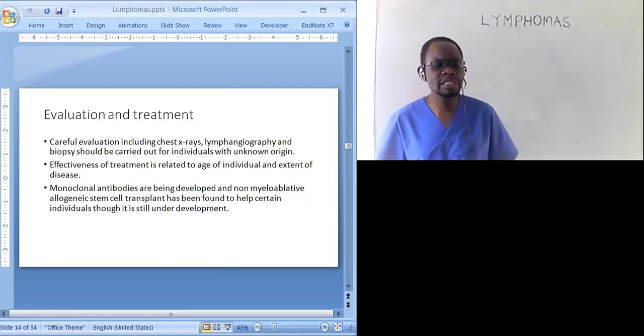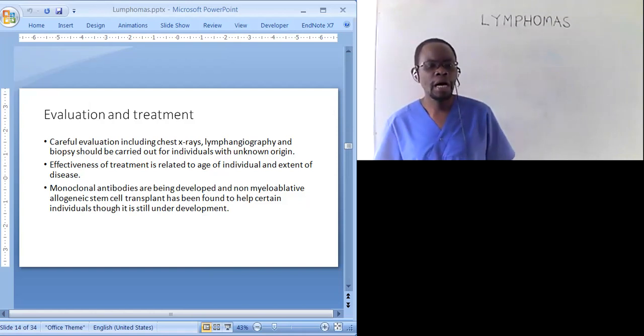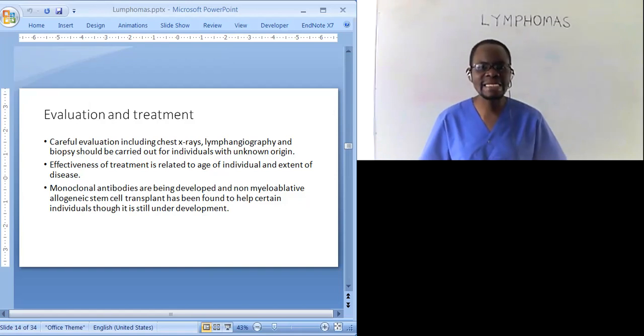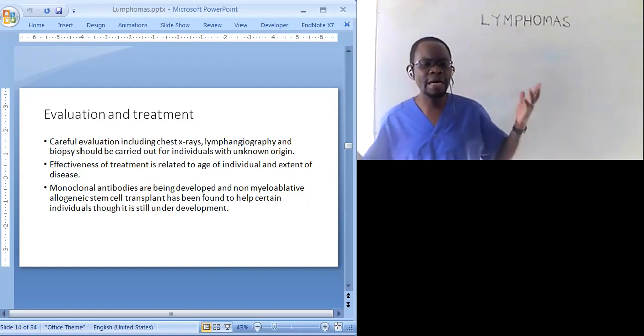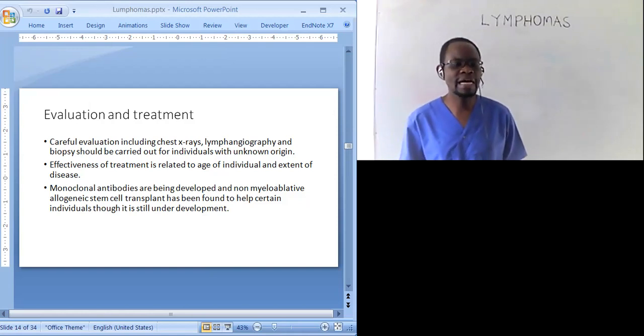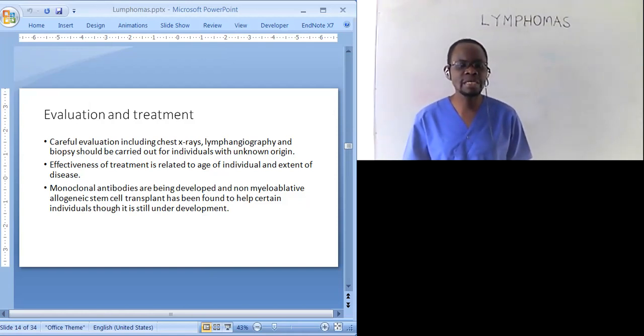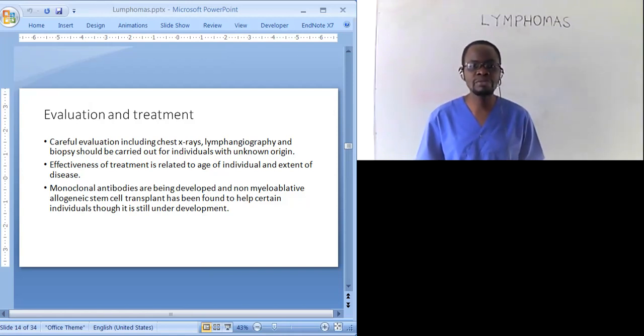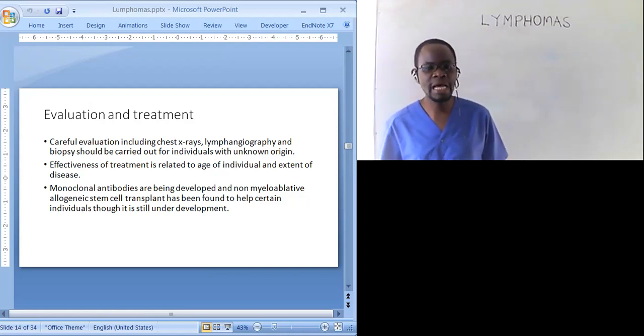And of course, this is a new technology which is not in Uganda at the moment, but in Uganda we have use of anti-cancer drugs. And these ones are quite effective, especially when it comes to Hodgkin's lymphomas.